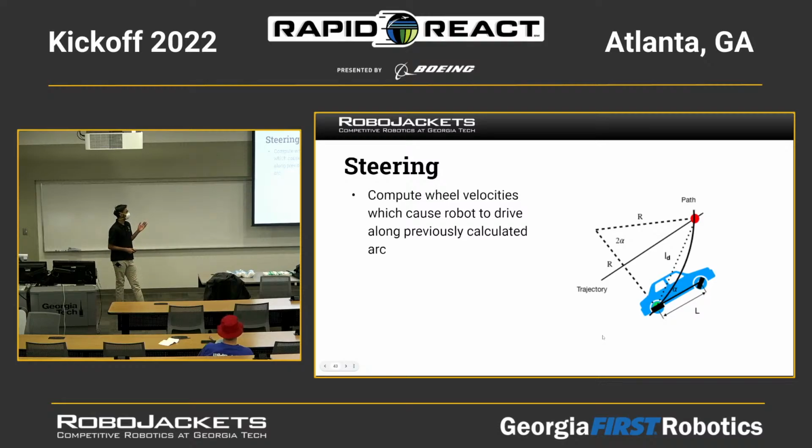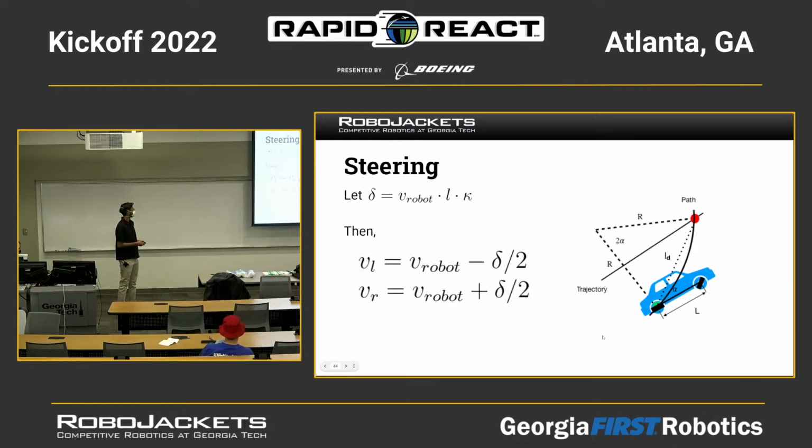So last thing we need to do is find the wheel velocities which cause the robot to drive along that arc. So here we can use the kinematics of the differential drive, basically the formulas which define how the velocities of the wheels correspond to the velocity of the robot.